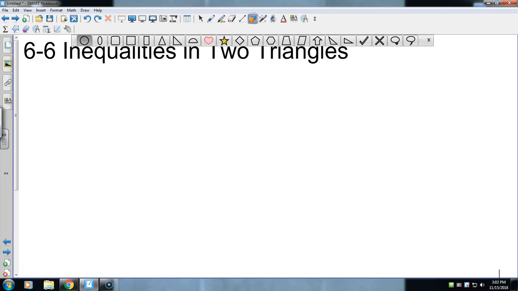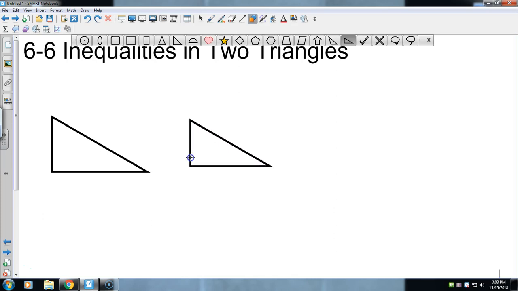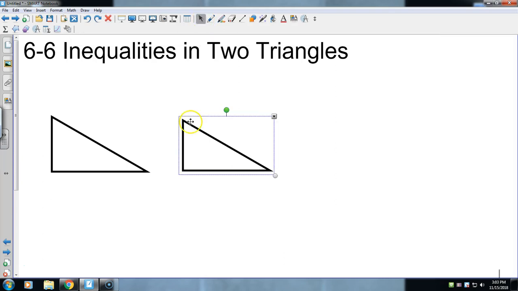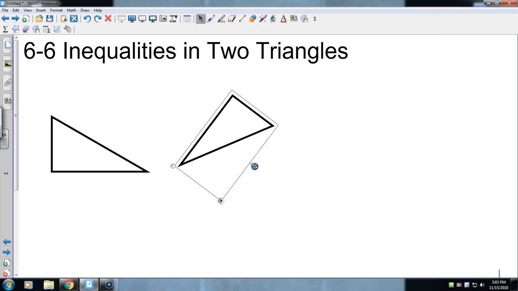And so I'm just going to pick a couple of simple ones that I can draw. Let's say something like that. Let's turn this one around just to make it look a little bit different.